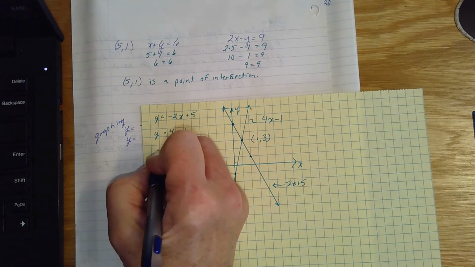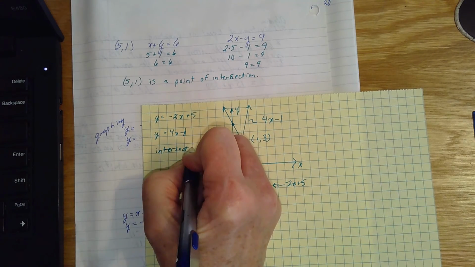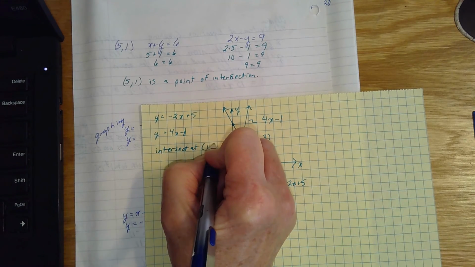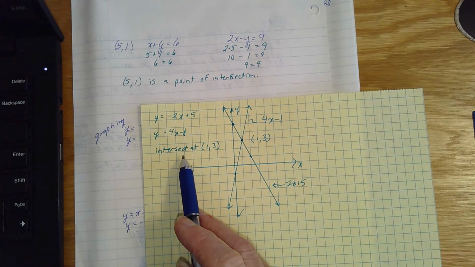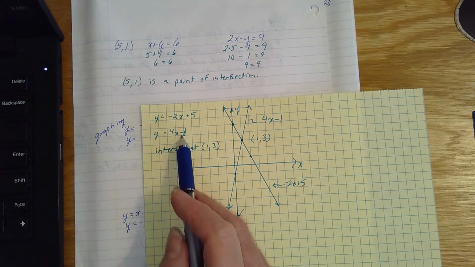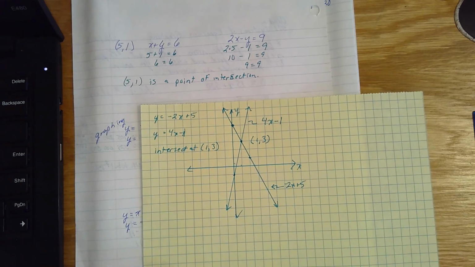We can see it. So these two lines intersect at (1, 3). A recommendation would be to go back and put both these points in and make certain. But with the good graphing programs we've got now, they do actually calculate the intersection points.